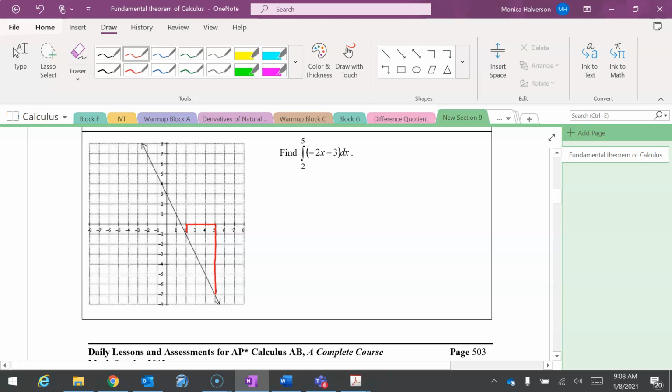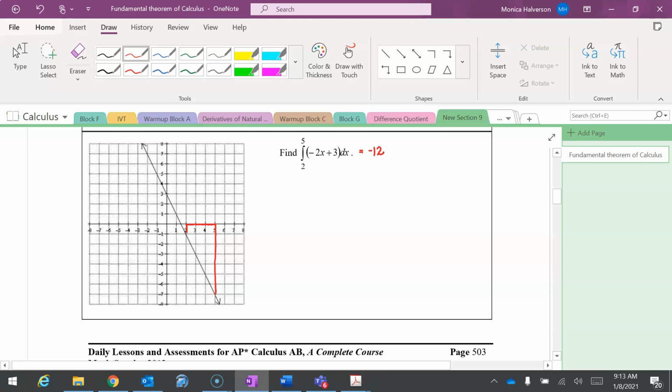I want you to find it using both the area of the shape and the fundamental theorem of calculus. So if you did this one correctly, you would have gotten the answer of negative 12.